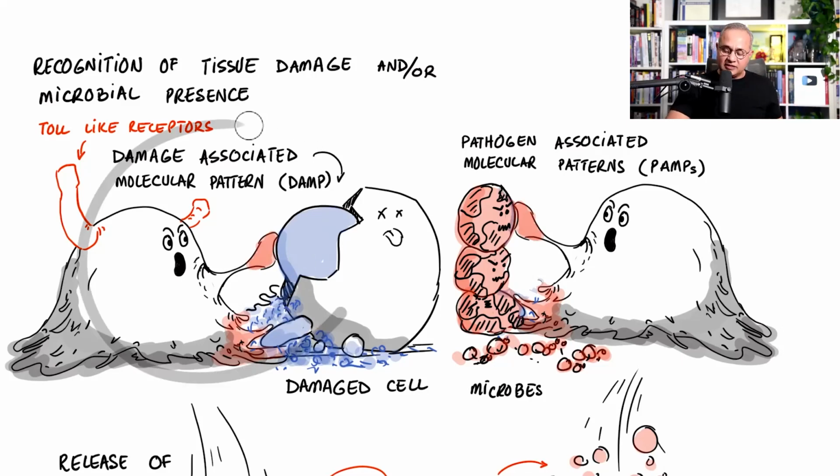For example, in this case, these receptors are called damage-associated molecular pattern recognition receptors. In general, all of these toll-like receptors are also called pattern recognition receptors or PRRs. Here we are looking at a category which is called damage-associated molecular pattern receptors.